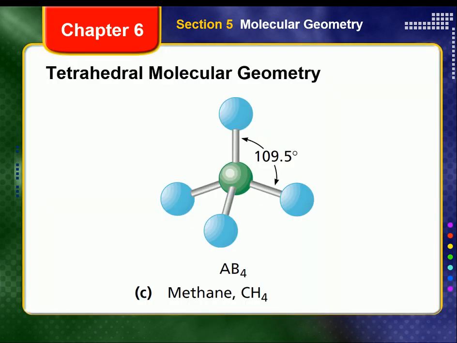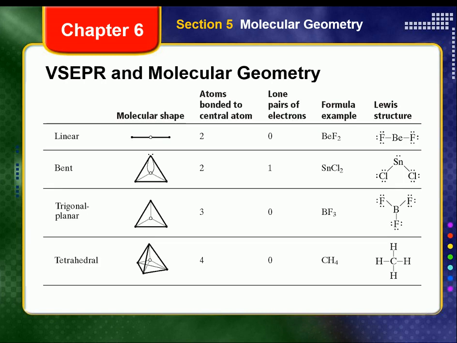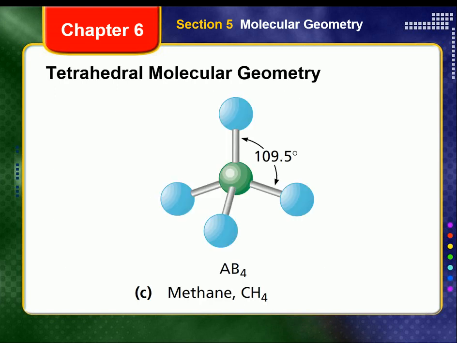This geometry is shown in figure 6-21C on page 184 of your text or on the screen now for the AB4 molecule methane, which is CH4. The same figure shows that each of the 4 bond angles formed by the A atom to any 2 of the B atoms is equal to 109.5 degrees.